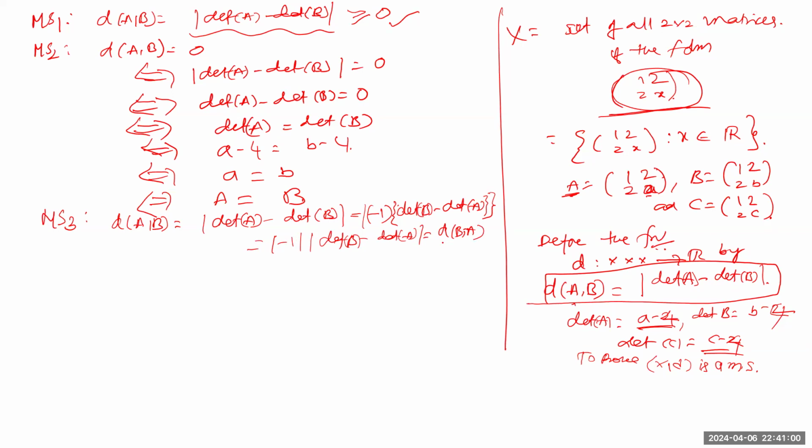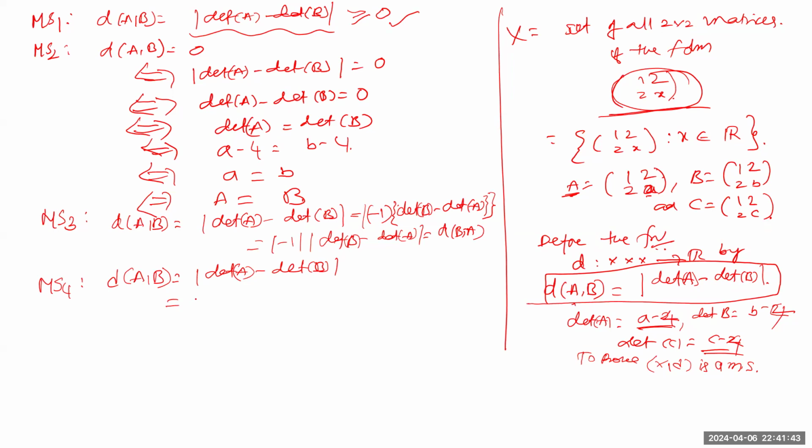So in the same way, we can prove the triangular inequality. So what is the triangular inequality? We will see the distance of A comma B is determinant of A minus determinant of B. Just as in the usual metric, what we proved when it is a modulus, we need to add one value and subtract another value.